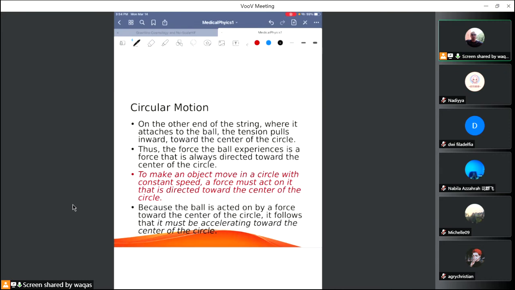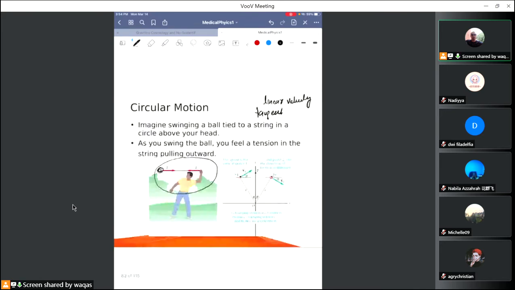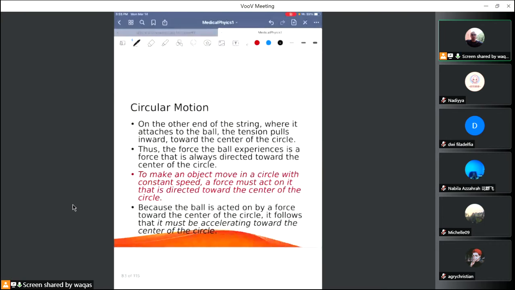The other important point is that on the other end of the string, where it is attached to the ball, the tension pulls inward. Here the tension is pulling the ball inward. The force the ball experiences is always directed toward the center of the circle.